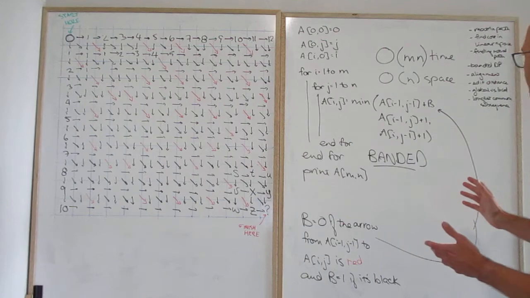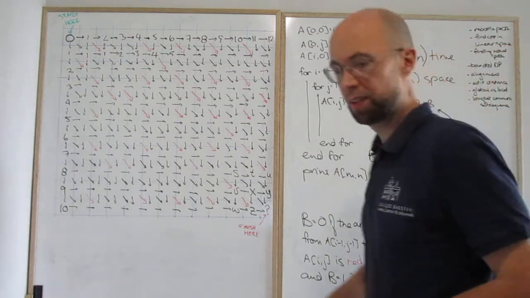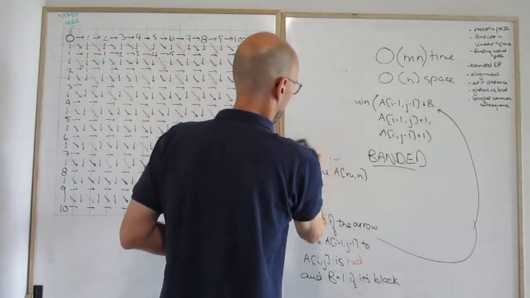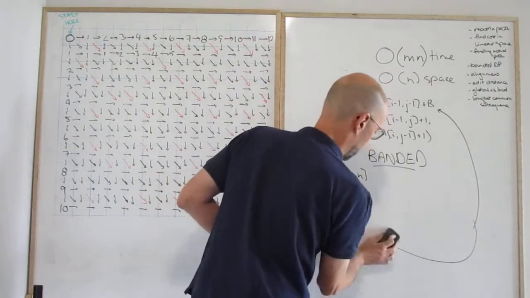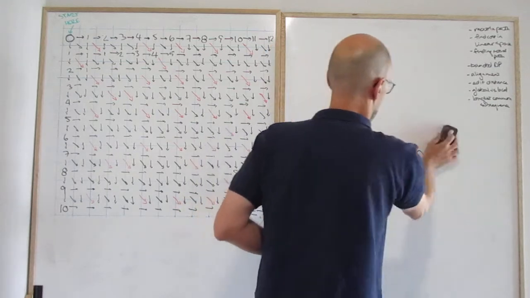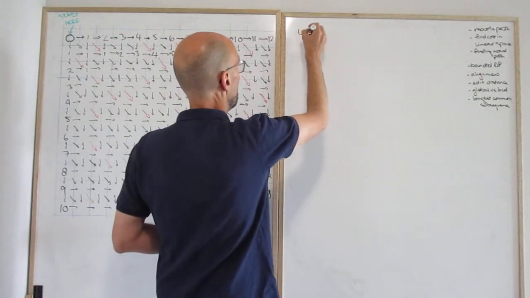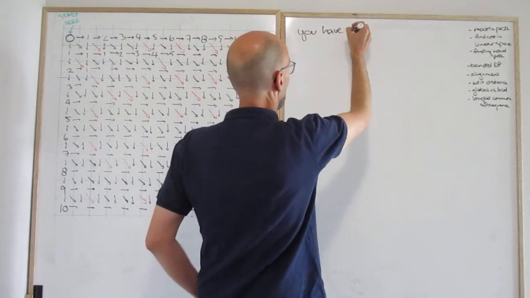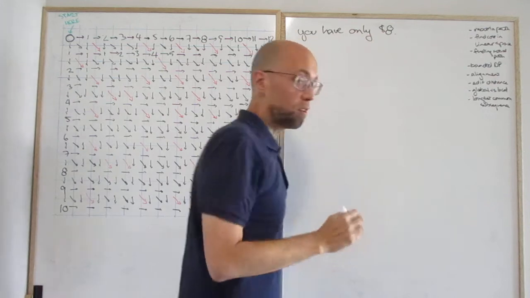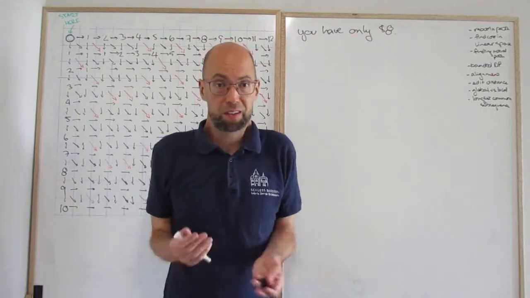I'm going to have to erase this again. So memorize this, it's about to disappear. The idea is, if you have a really small budget, only $8, you don't care if the cost to get down here is like 15, you can't make it.